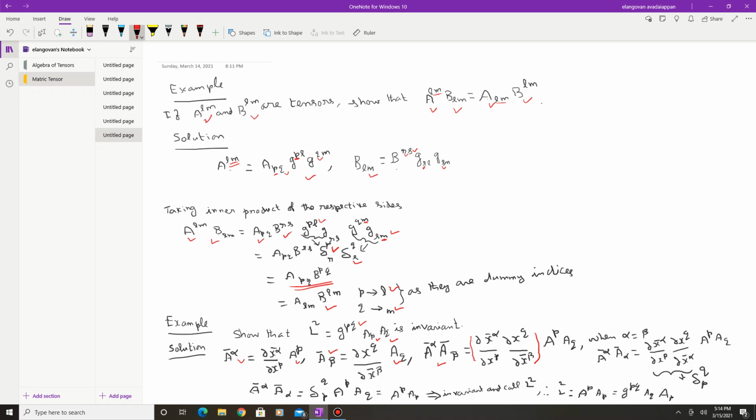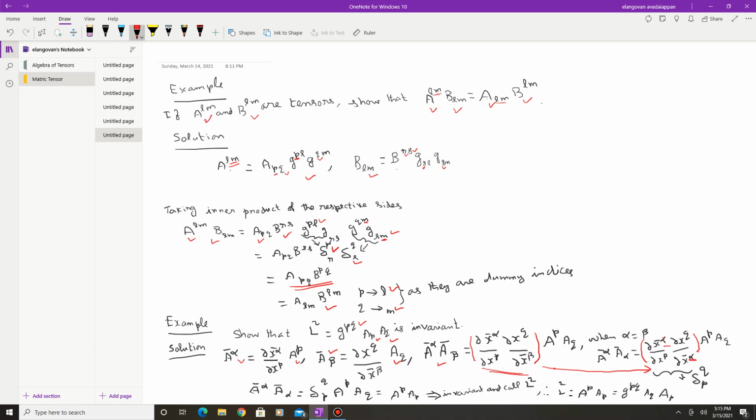Now look at this transformation. If you put alpha is equal to beta, the transformation becomes like this. Now if you again look at this transformation, this is the Kronecker delta QP, because there is summation over alpha, it will disappear.